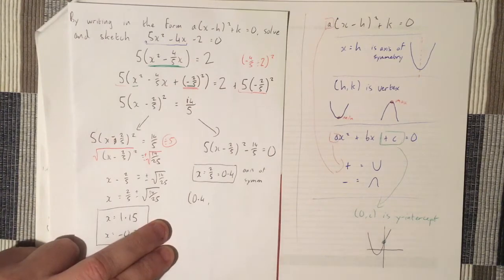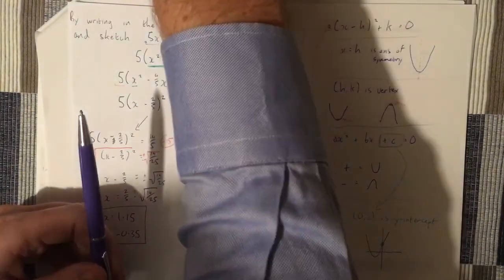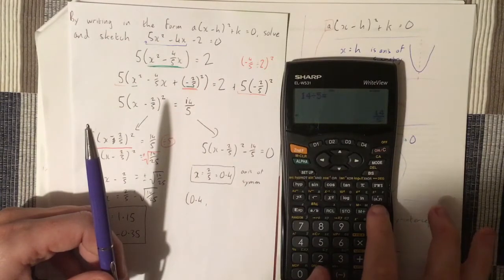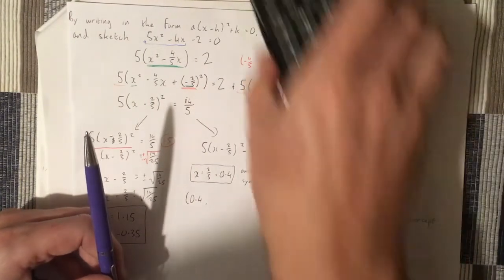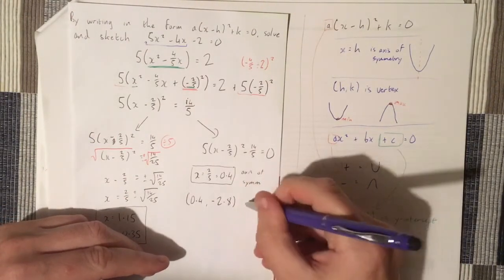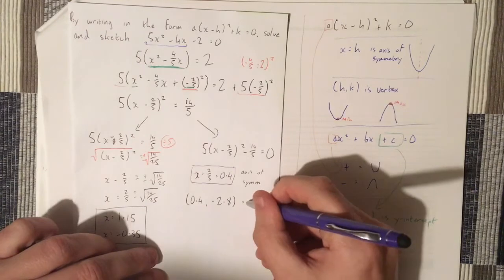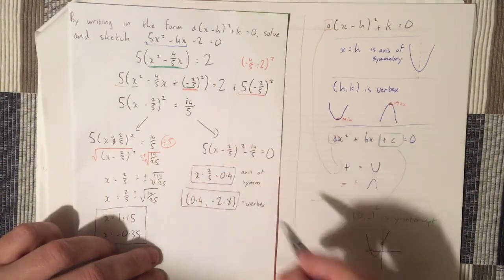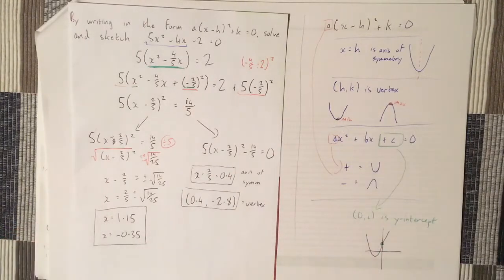So that means k is minus 14 over 5. And I might just get that as a decimal. 14 divided by 5 is 2.8. So that is minus 2.8. That's my vertex. So vertex meaning max or min point.